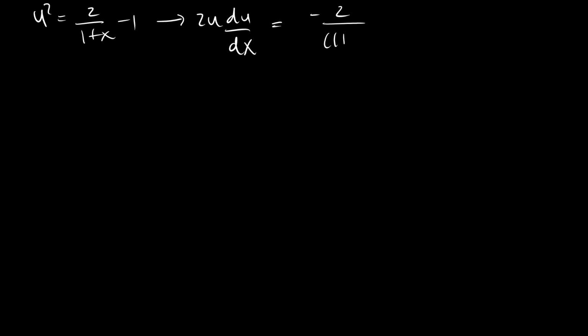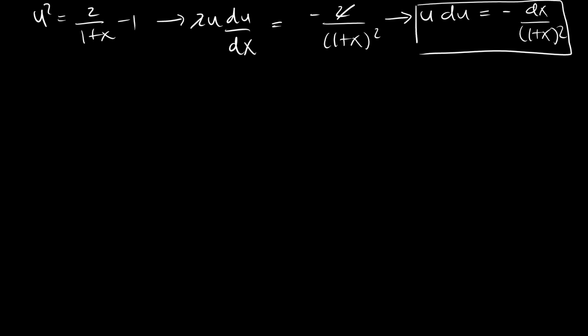We have u squared being equal to 2 over 1 plus x minus 1. When we differentiate both sides with respect to x, we have 2u du dx being equal to negative 2 over 1 plus x squared. And obviously these two can cancel, so essentially what we find is that u du can be used to substitute for negative dx over 1 plus x squared.